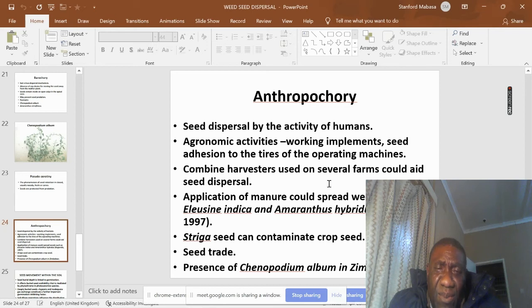Application of manure could spread weeds such as Leucas indica and Amaranthus hybridus, as was reported by Rupende in 1997. Striga seed can contaminate crop seed.